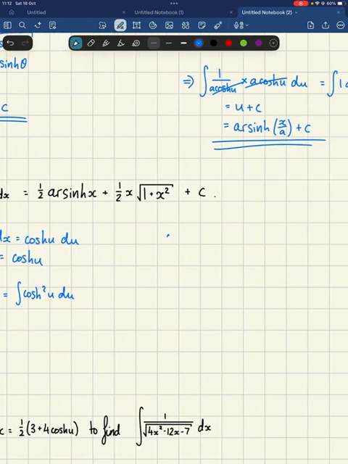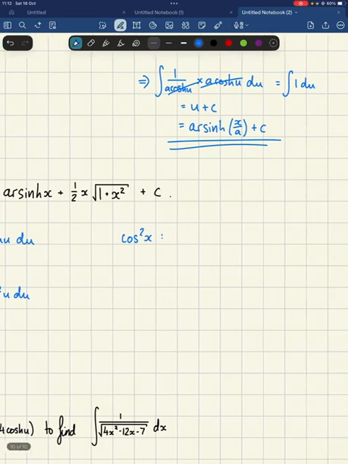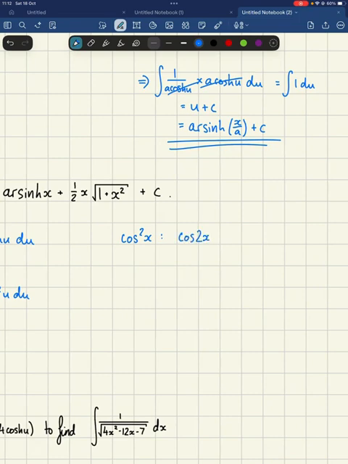So cos squared x. When we're trying to integrate cos squared x, we use the identity that cos 2x is equal to cos squared x minus sine squared x, and this sine squared x is 1 minus cos squared x. So what we get is minus 1 plus cos squared x, so we get 2 cos squared x minus 1.